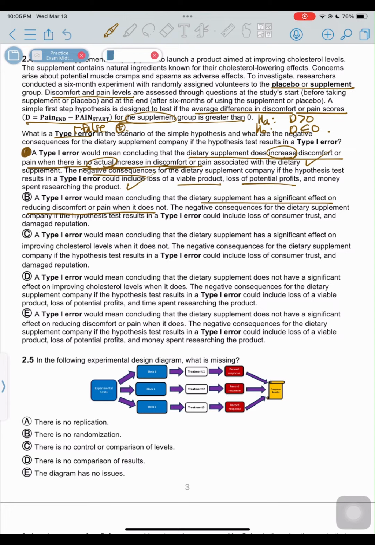That means it rejected the null hypothesis. That means it increased the discomfort. So that is definitely the opposite. It has to be reject the null hypothesis. So you cannot say it has a reducing discomfort because it already rejected the null hypothesis. But in reality, it is not. So this is just not the right answer.